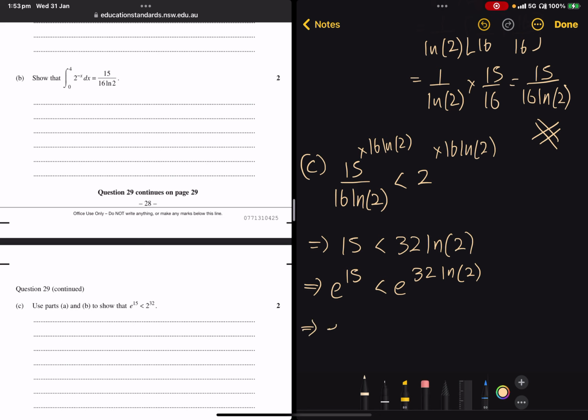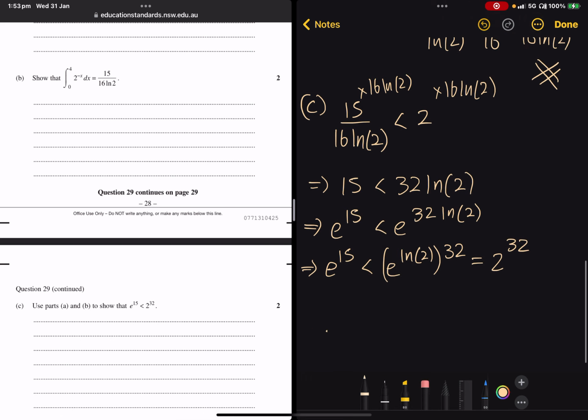E to the 15 just stays as is. This, we can use our index laws. So this will become e to the ln of 2 all to the 32. E to the ln of 2 is 2. This is 2 to the 32. So therefore, e to the 15 must be less than 2 to the 32.